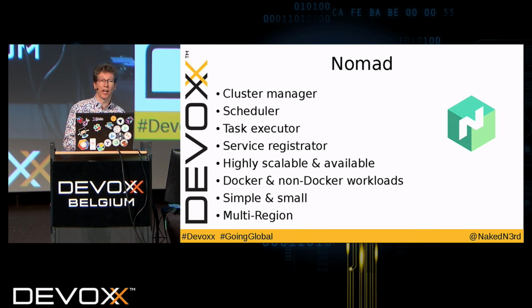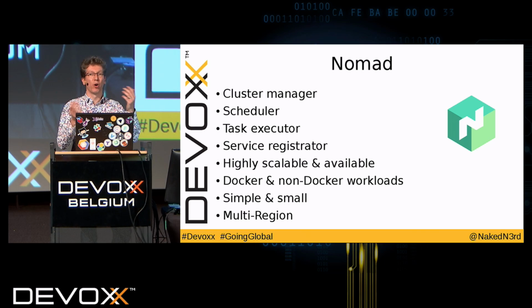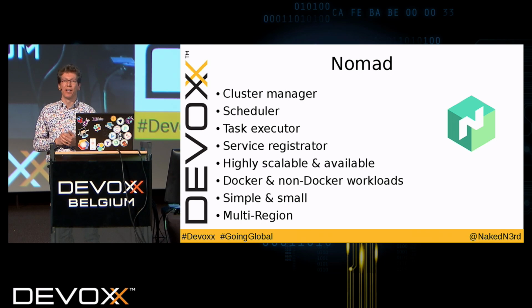It's also a task executor. So if you compare it with, for example, a Mesos Marathon setup, it's all these different components like a Mesos master and a Mesos slave and a Marathon all in one. It can do service registration, so that aids discovery of your services.